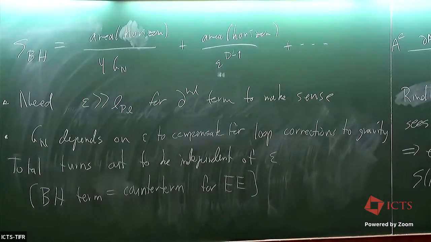Yes. You mentioned the calculation by Atish and collaborators. So how did they get this formula? Because they're doing string theory, so G Newton is finite. Yeah, and actually it's sort of funny.